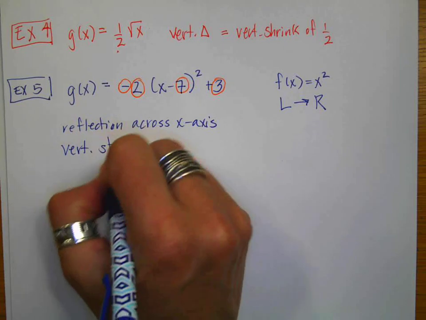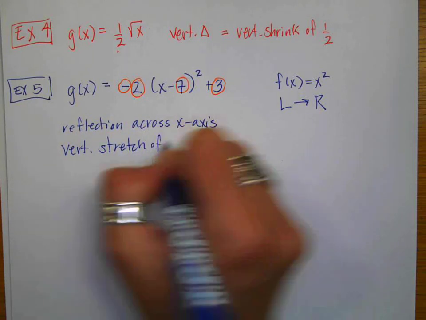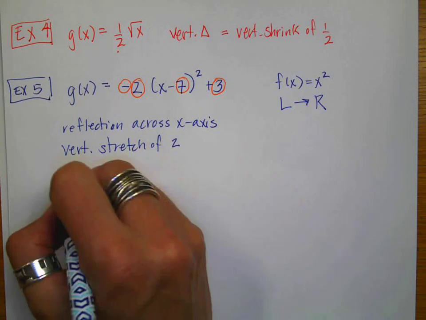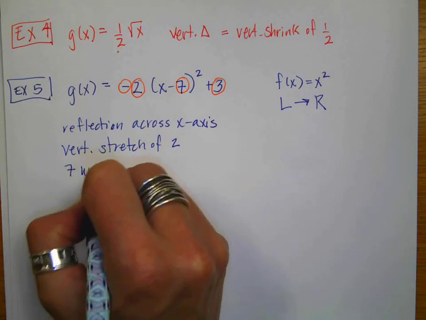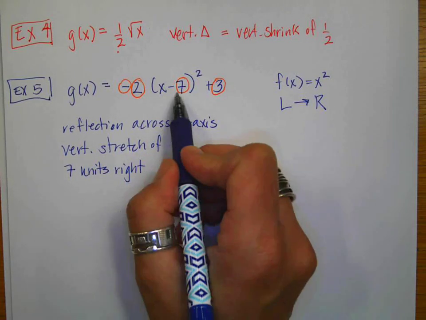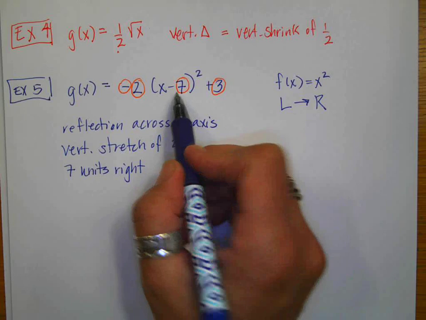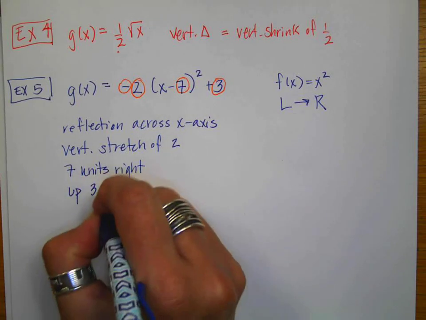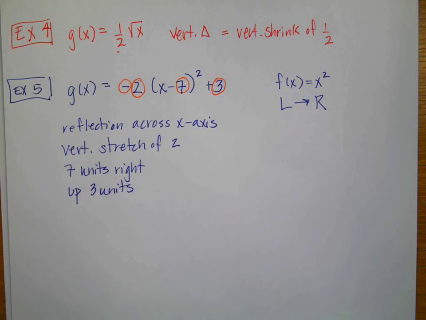It has a vertical stretch of 2. You always have to qualify how much is changing. It's going to go 7 units to the right. Remember, this is inside the function, so it's going to be the opposite sign. And then it's going to go up 3 units. And those are the transformations that happen to that cute little function.